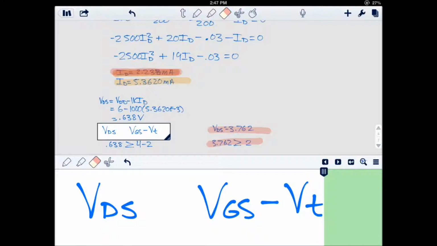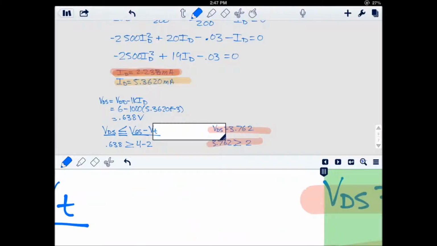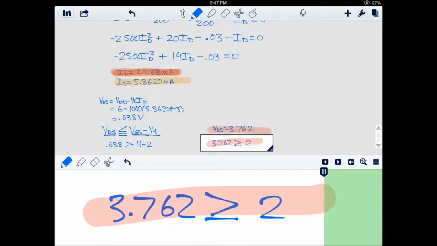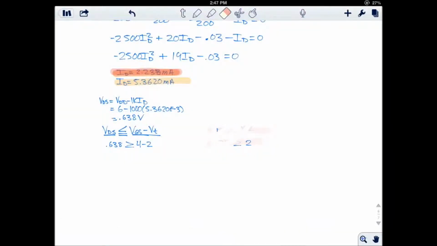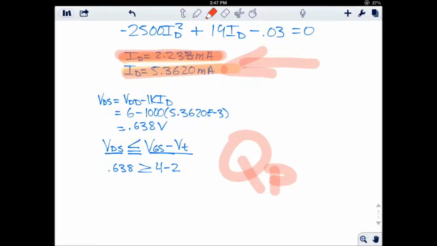It's supposed to be that the voltage VDS is less than VGS minus VT. And in that case, that's true. So this current here is the one that you'll use as your Q-point current.